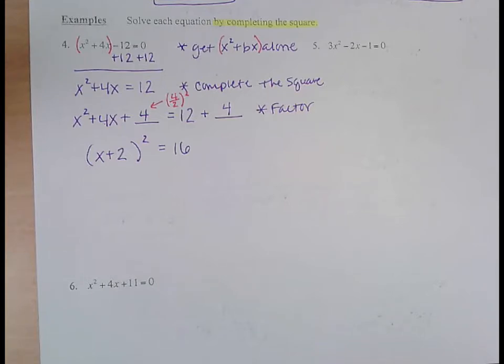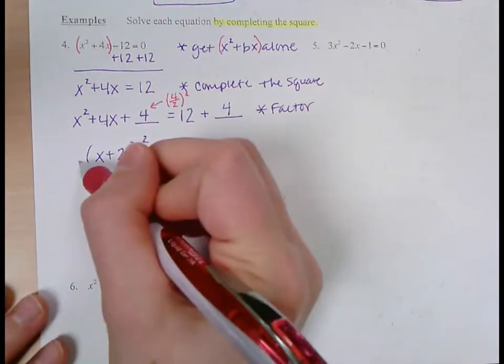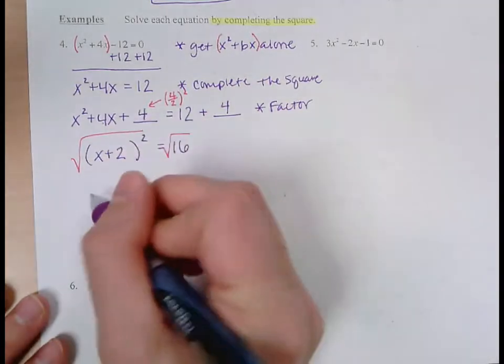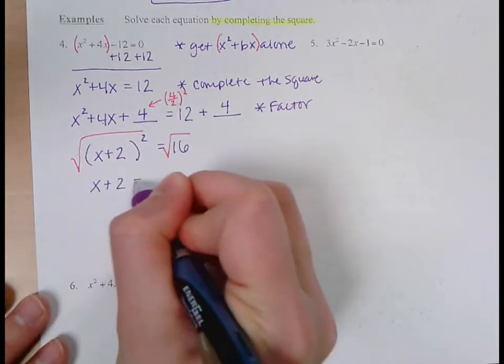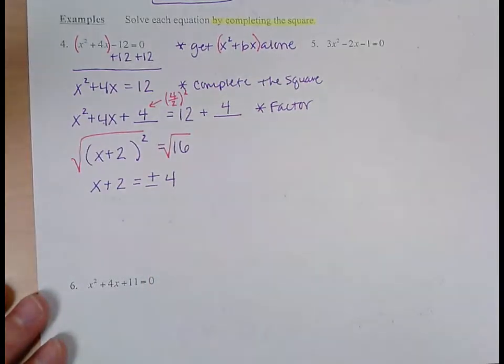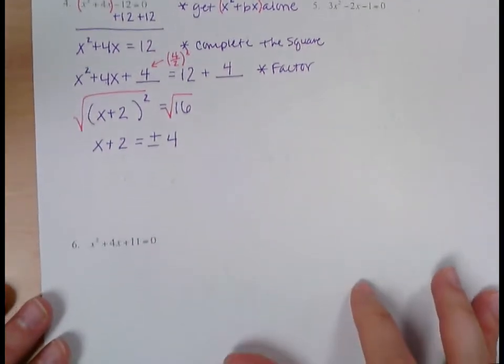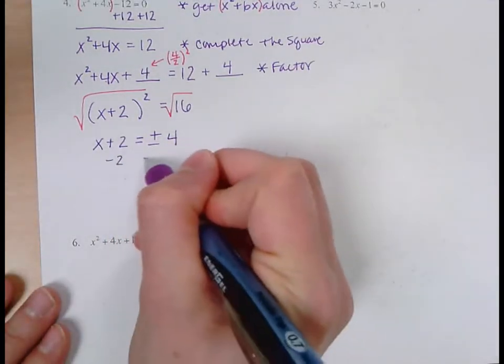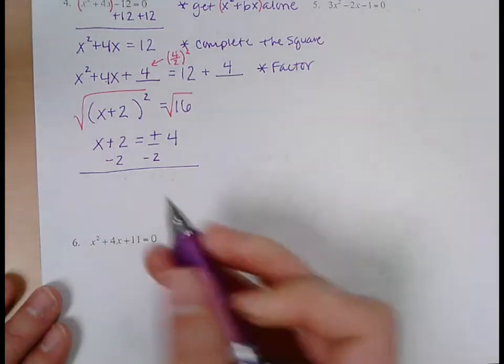Now you use your square root property. To solve for x, I take the square root of both sides. So I have x plus 2 equals, square root of 16 is plus or minus 4. Then to solve for x, I subtract 2 from each side.